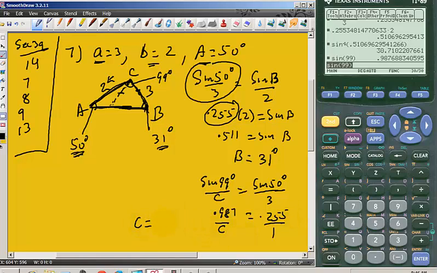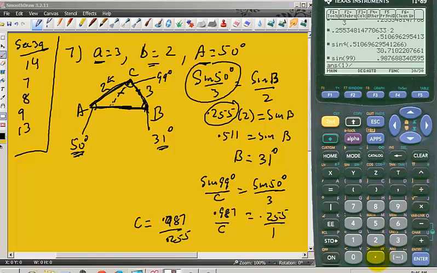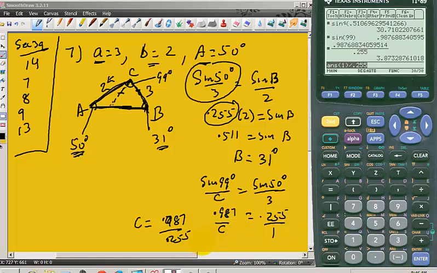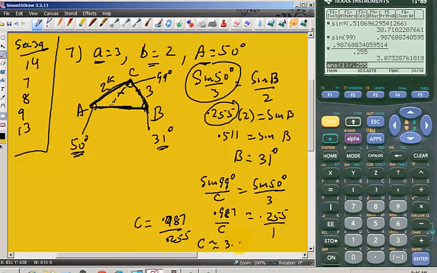So my C is 0.987 divided by 0.255. Hit enter, and my C turns out to be approximately 3.873. So this is 3.873. That's my triangle. But there's a possibility of a second triangle.